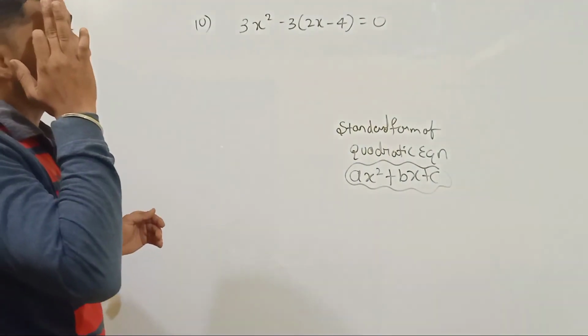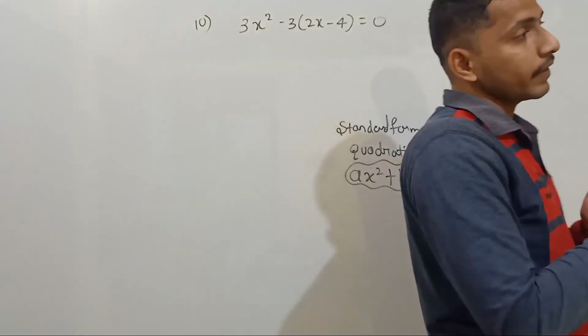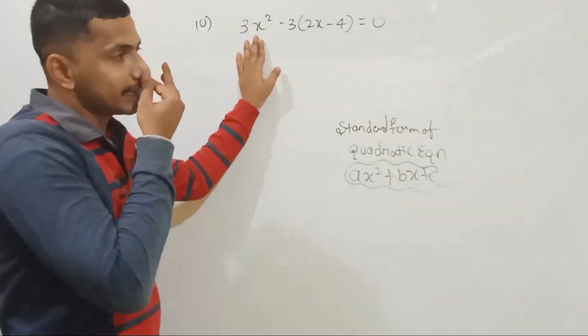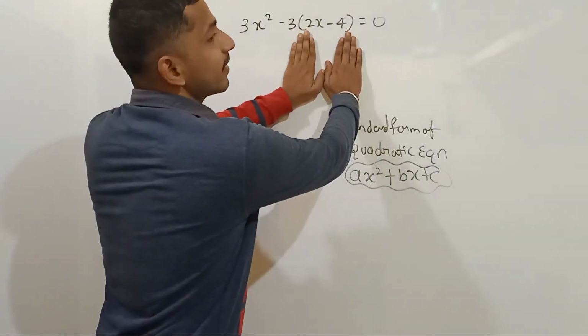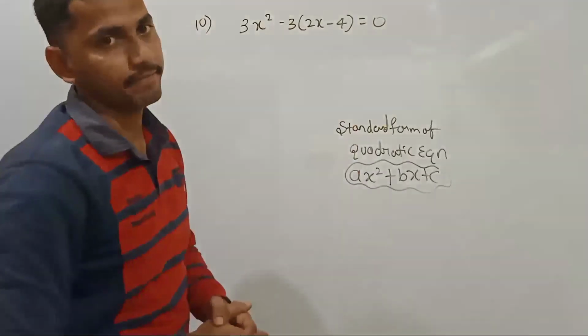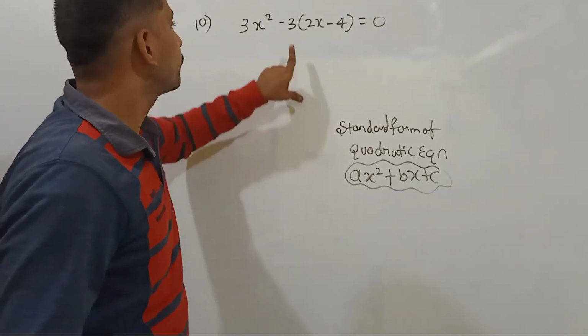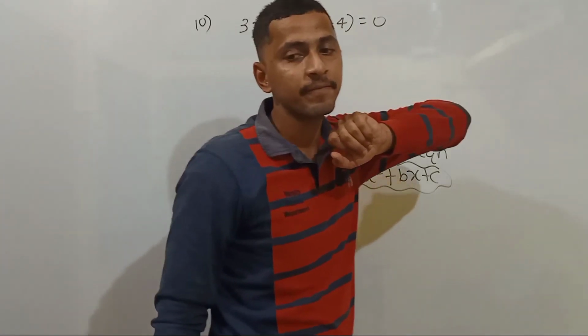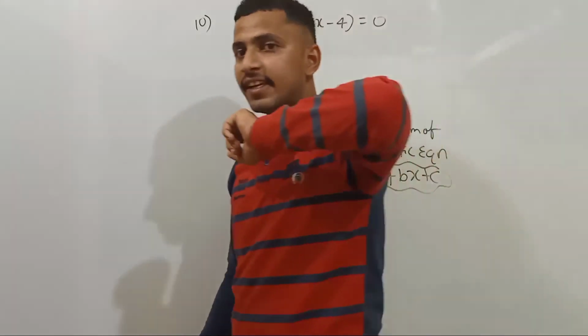How to reduce this? Here 3x square is given. The easy method is to remove the brackets, that is, we have to solve the bracket. Minus 3 into 2x and minus 3 into minus 4. Isn't it easy?